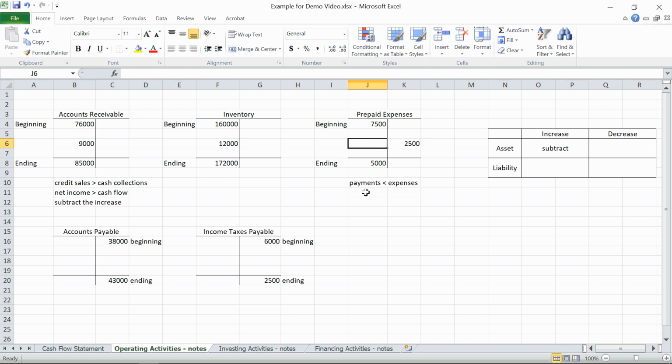And if your payments are less than your expenses, then your cash flow is actually greater than your net income. And so you're going to add the decrease. And we're going to add that to our little cheat chart over here. You can add a decrease in current assets.